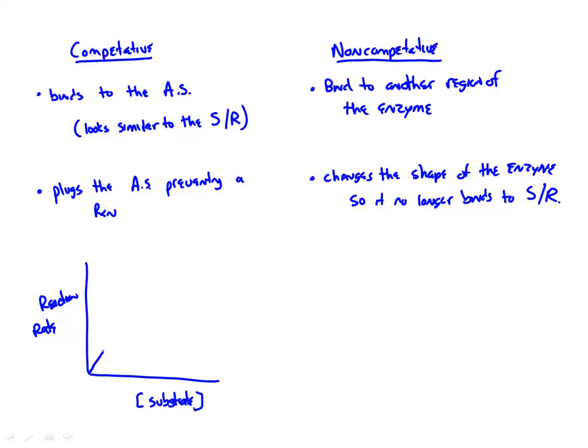So the solid line here is going to be a normal enzyme. Remember when we talked about enzymes, they tend to catalyze reactions, and at some point as the concentration of substrate and enzyme approaches 1:1, they can't actually speed up the reaction anymore, and they sort of plateau at a maximum rate. And so this is the maximum rate.